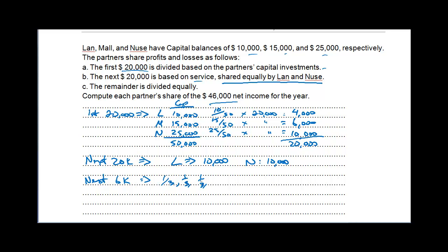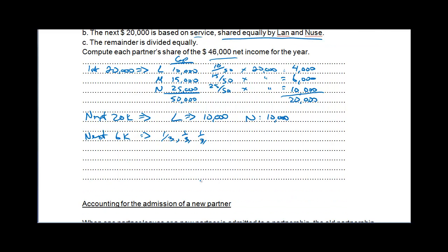Okay, so then what does that look like? So we've got L, M, and N. The first 20 we said was 4,000, 6,000, 10,000. The next 20 was 10,000, nothing, and 10,000. And then finally 2,000, 2,000, and 2,000, right?